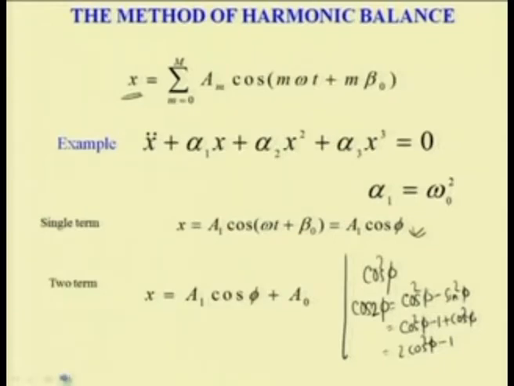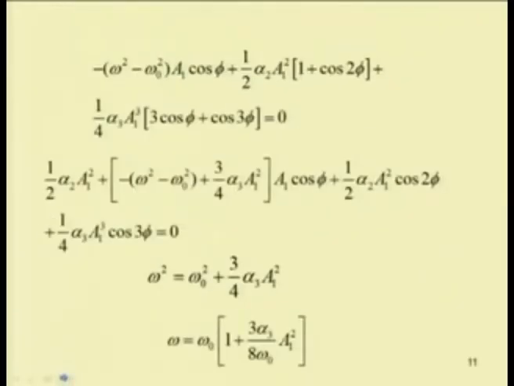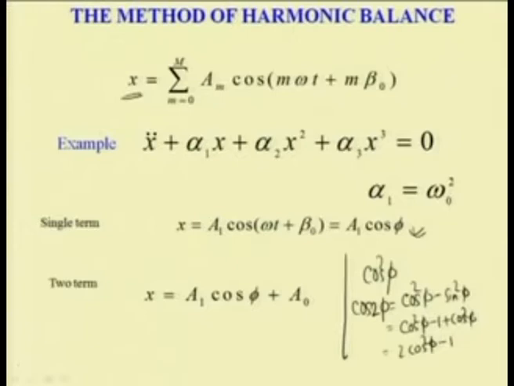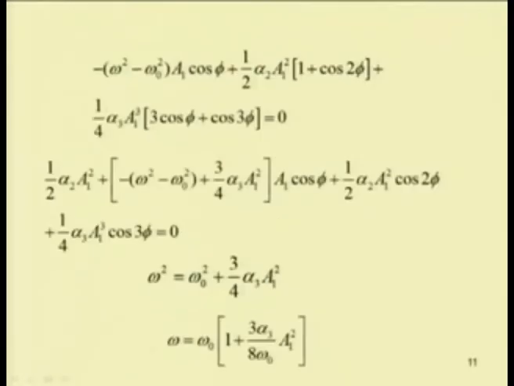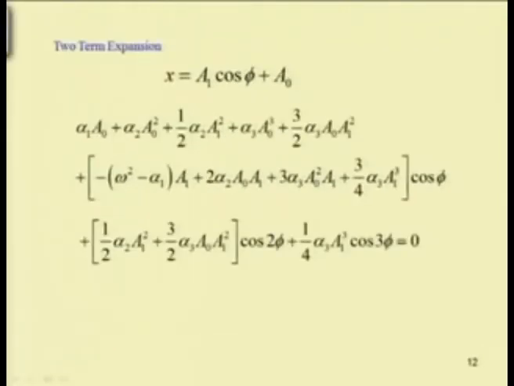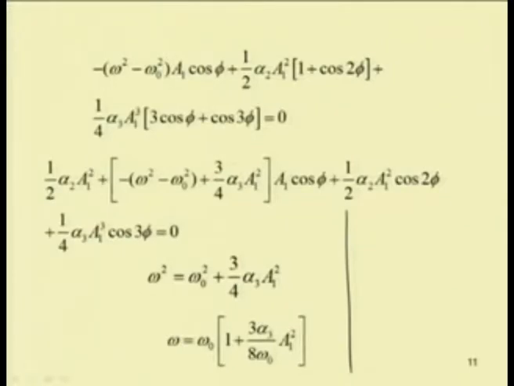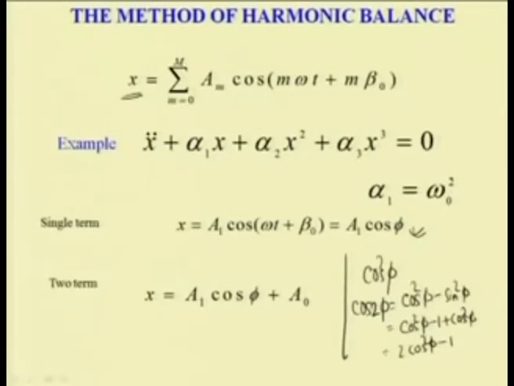Then we substitute all these things in this equation. For cos square phi we can write it this way. Similarly, we have another term, alpha 3 a cube cos cube phi.